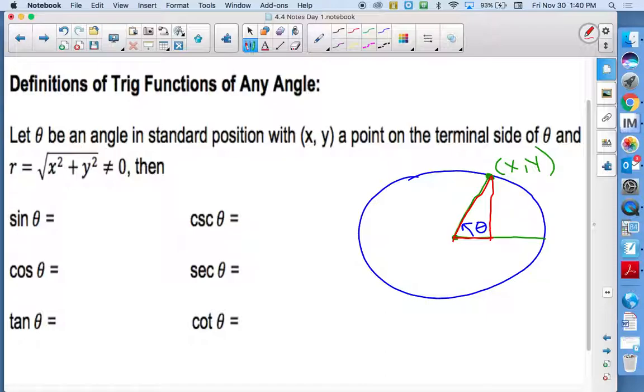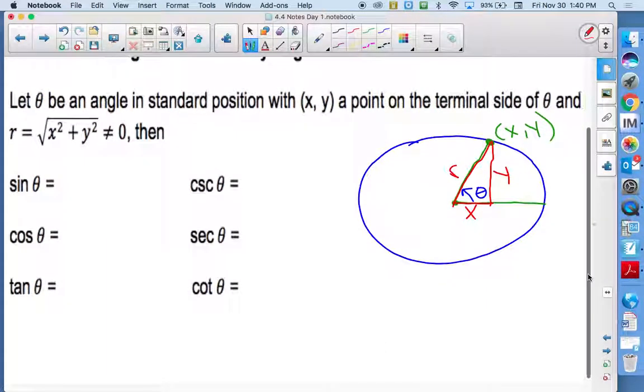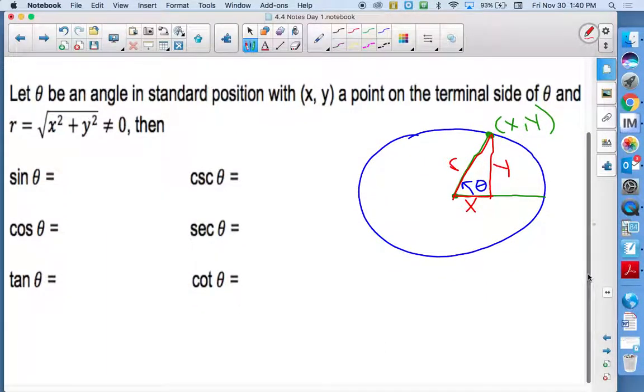The distance we went to get to that point: we traveled a little bit to the right to get to x, we went up a distance to get to y, and because it's still really a circle, the radius of the circle is the distance from the center to the edge. So to find the radius, we would take the square root of x squared plus y squared. Why is r equal to the square root of x squared plus y squared?